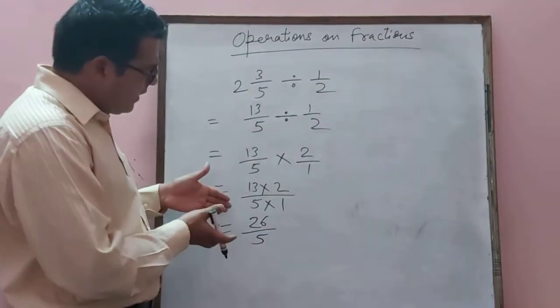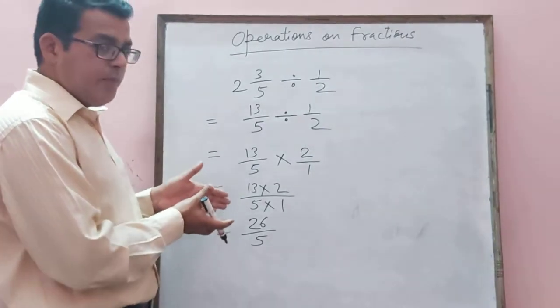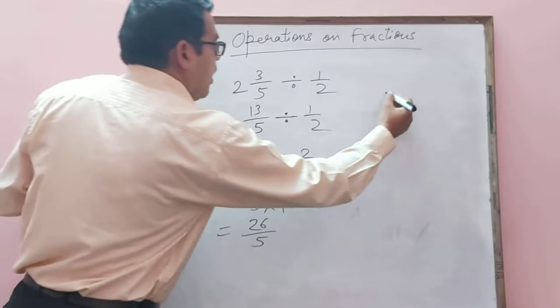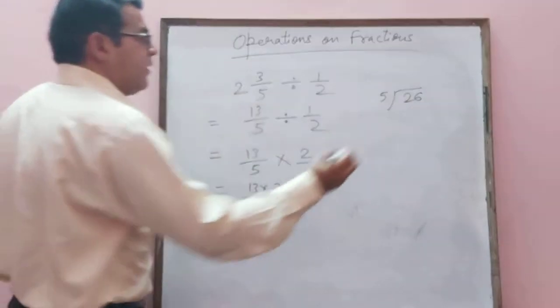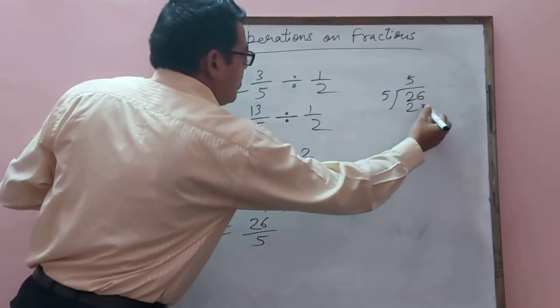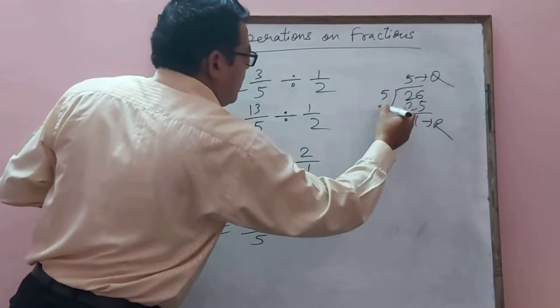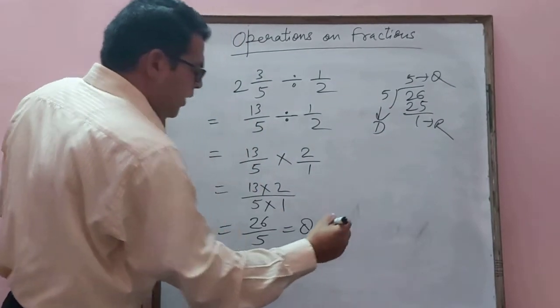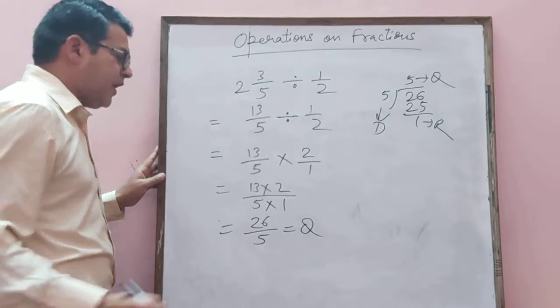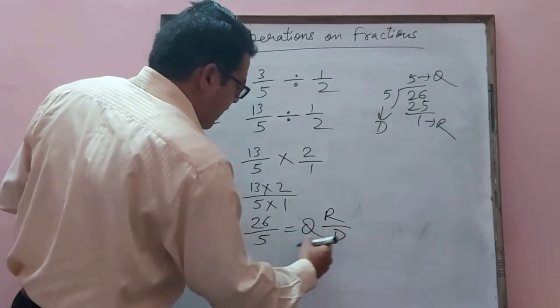Now you can see this is improper. So we have to convert this improper into mixed. How can we convert it? By dividing 26 by 5. So 5 5s are 25. One is remainder. This 5 is quotient and this 5 is divisor. So according to the rule, we write quotient as a whole, then remainder divided by divisor.